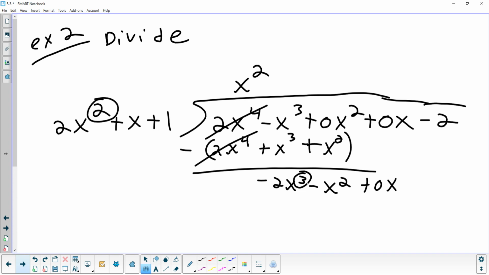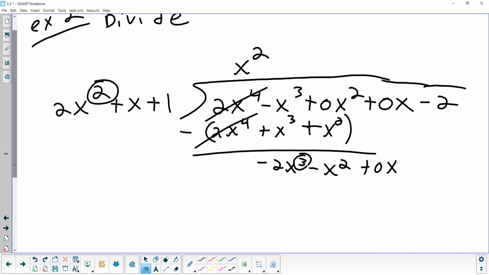All right. How about Caitlin? What do I get if I divide the first term on the outside into the first term on the inside? Let me see. So let's check. If you multiply 2x times 2x squared, do you get this first term right here?